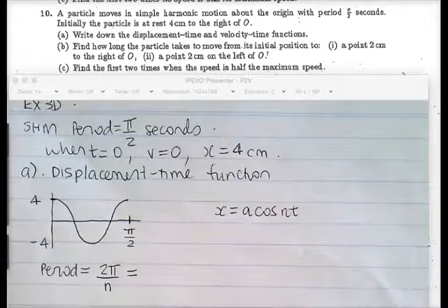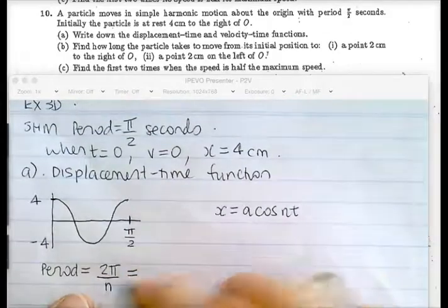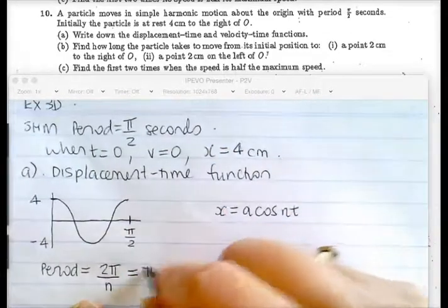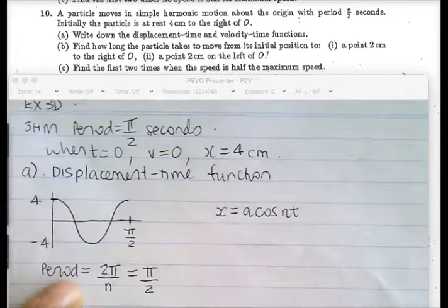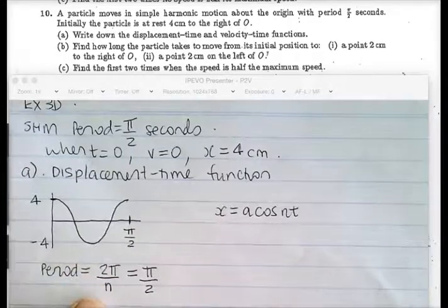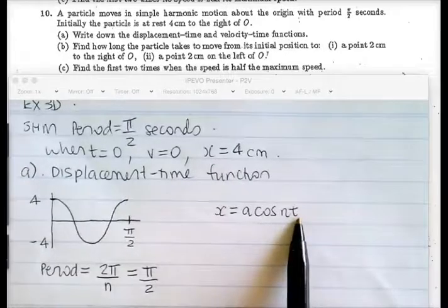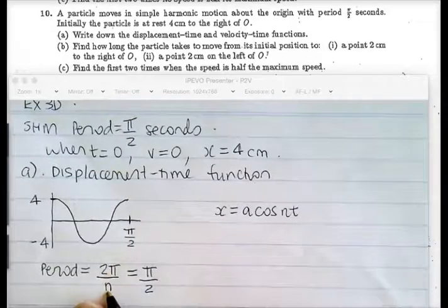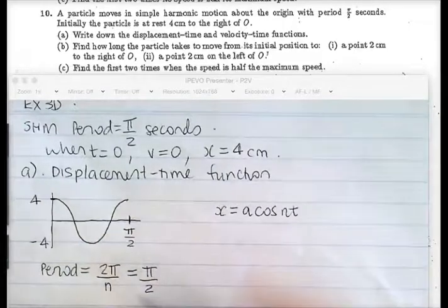Don't be confused: 2 pi on n gives you your period, and your period's pi on 2, so don't worry that you've got the pi's in two places. I'm trying to work out what n is to write out this equation. They've told us the period's pi on 2, so we put 2 pi on n equals pi on 2.